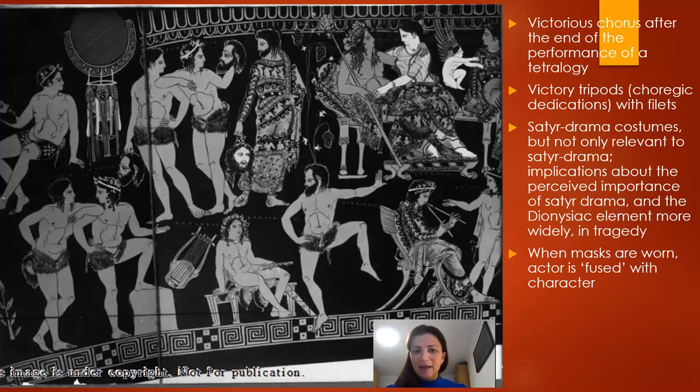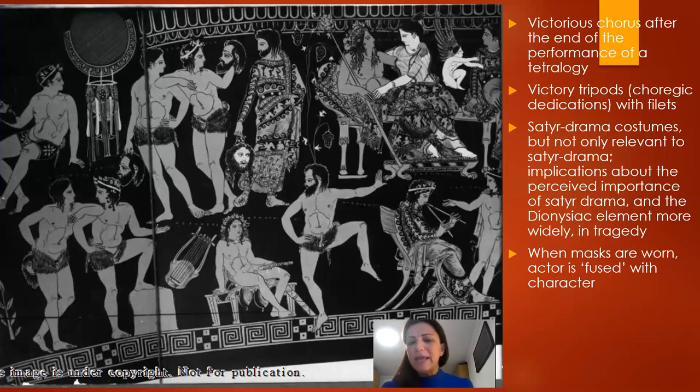Now, what else do we notice? If we count them, we have 11 chorus members, and most of them, as you can see, are just holding their masks, which to us reminds of a dedicatory gesture. However, we have one who is wearing this mask, and as we can see from his body language, he's in the middle of dancing. So when this person is wearing the mask, immediately he becomes transformed into the character that he's supposed to be.